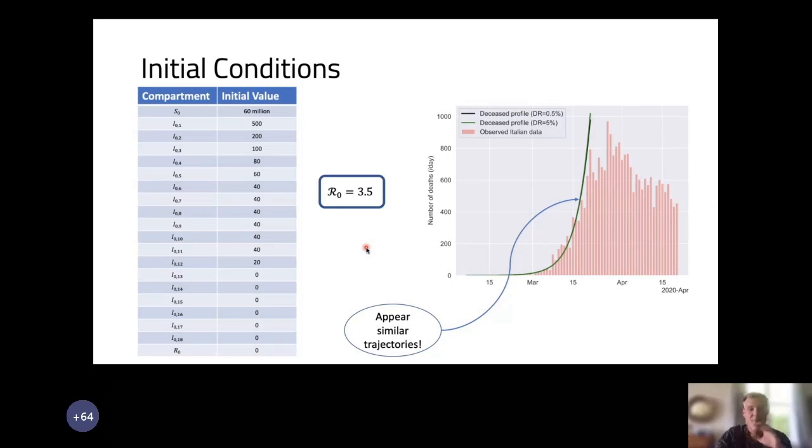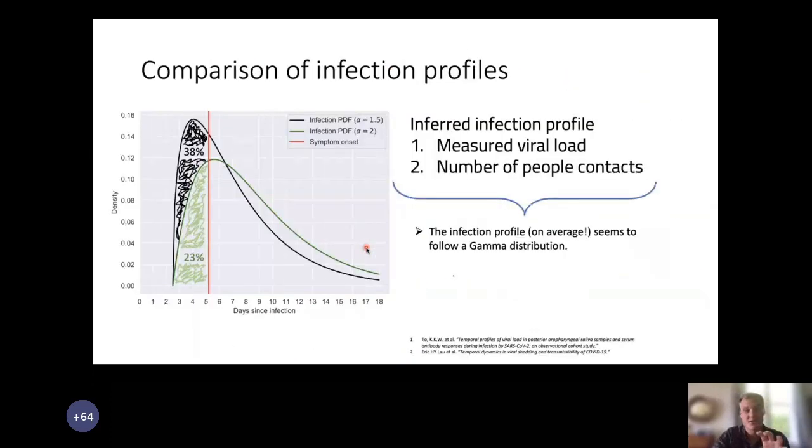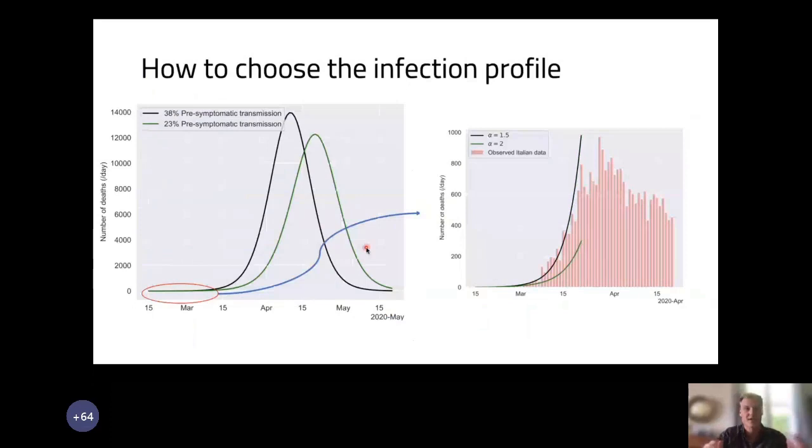Okay, so with that, we're going to go back to comparing our infection profiles. So here, how to choose the infection profile. This is how I chose it. If you remember, with the gamma, so 38% pre-symptomatic transmission, this black line, and then the green line, 23% pre-symptomatic transmission. You'll see the peak is lower with less pre-symptomatic transmission. It's slightly more spread out and higher.